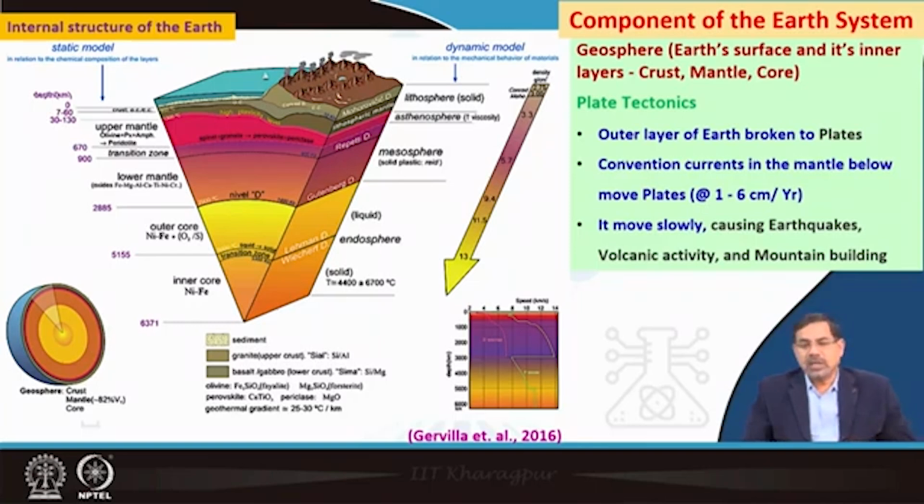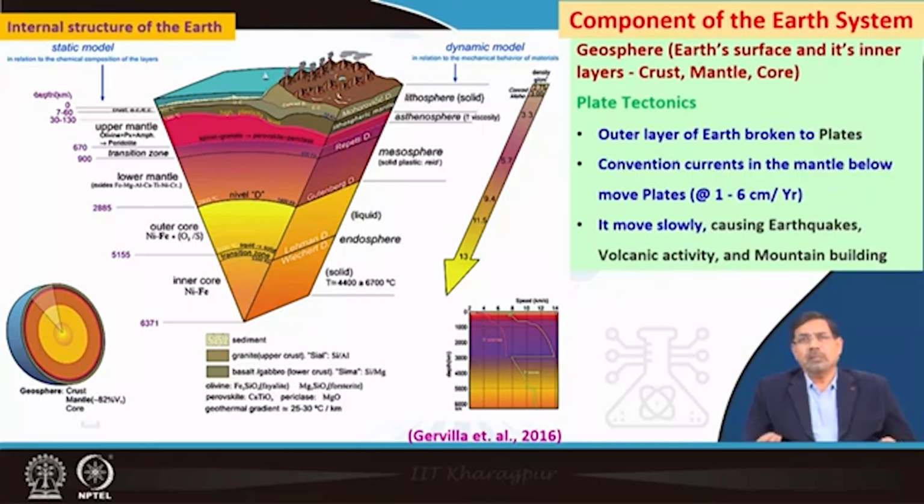So this also we will try to understand in terms of plate tectonics. Friends, all of us remember that the outer layer of earth is broken into several plates, and it is always in constant motion, but the speed is very slow, too slow to realize at a higher temporal scale in terms of months, seasons or years.